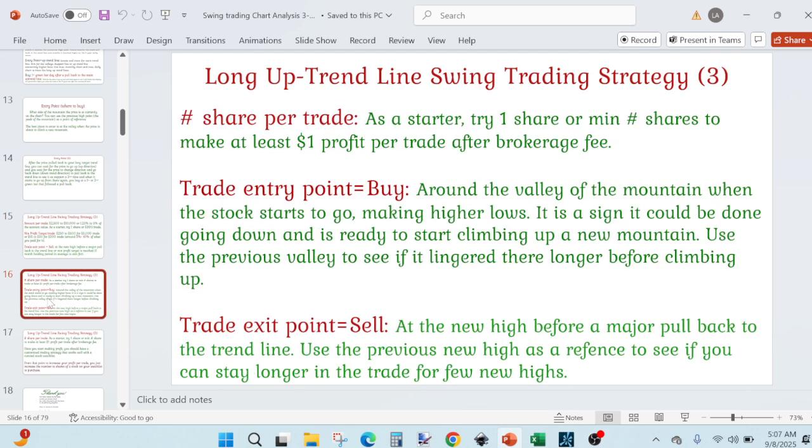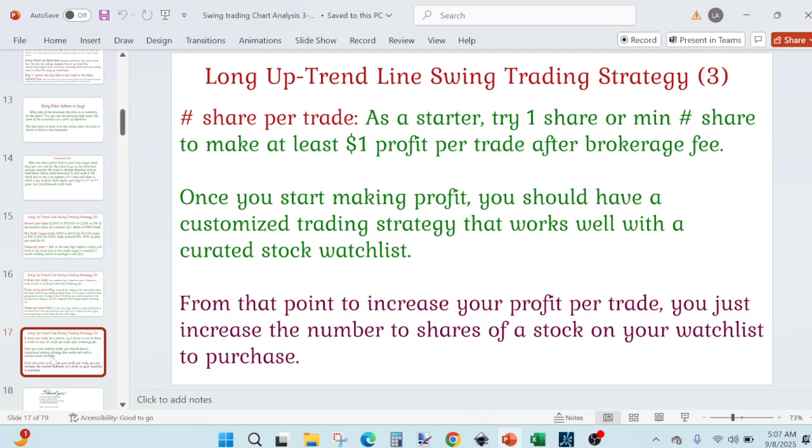You'll find stocks that you're interested in that work well with that strategy, and you'll start small, one trade at a time, for instance, or the minimum that allows you to have $1 or a few cents of profit after you pay all the fees that are involved with buying and selling the stocks.